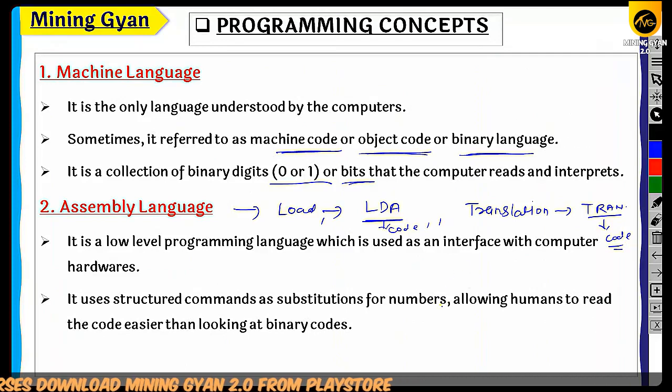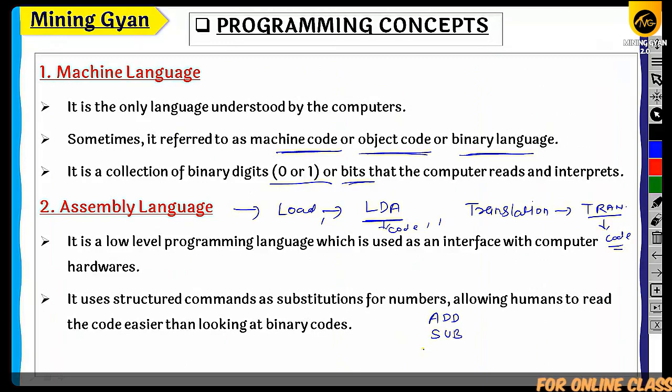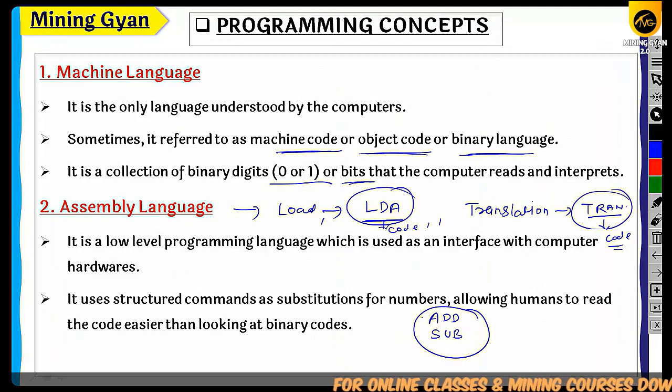And suppose we have to add numbers, then we use codes like ADD. ADD is used for addition. Similarly, the SUB instruction is used for subtraction. These are the codes used in assembly languages, but they are run by machines.